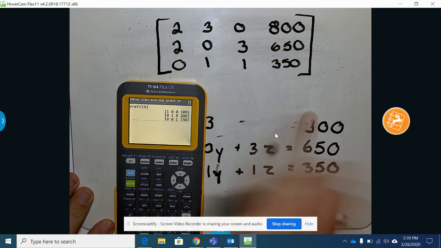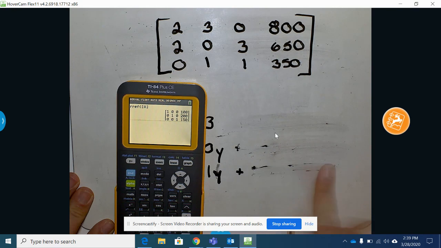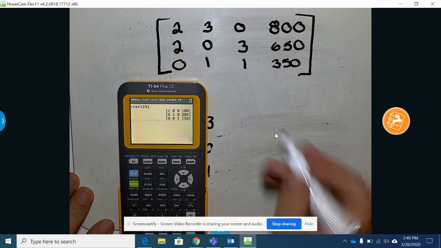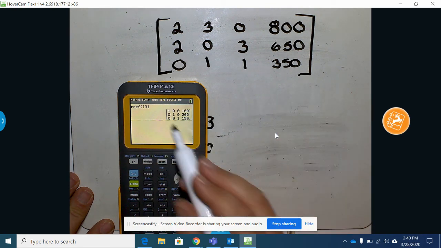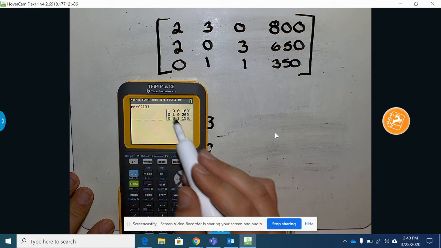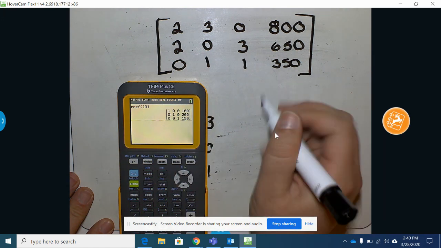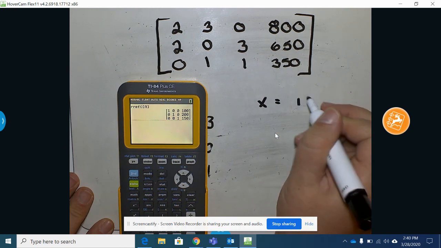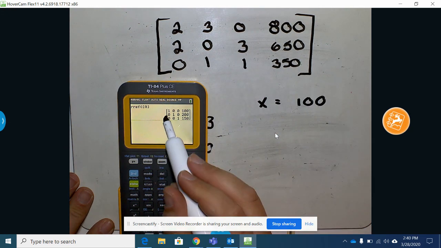Let's figure that out. Sorry about all this erasing. Hopefully you can see that matrix. As you can see, we have the ones going down diagonally. So what that means is that X equals 100, because that 1 in the first row is in the X column.